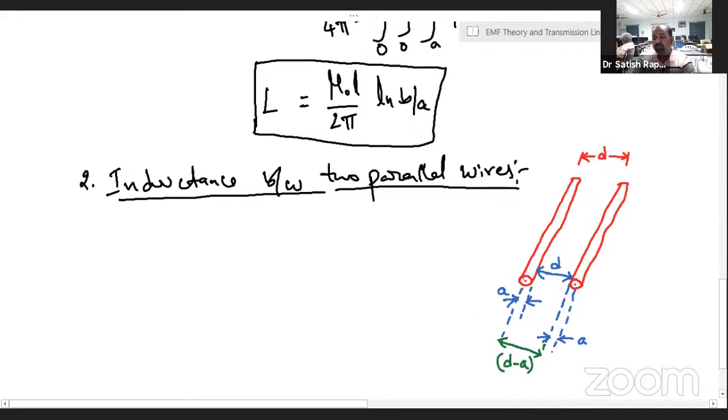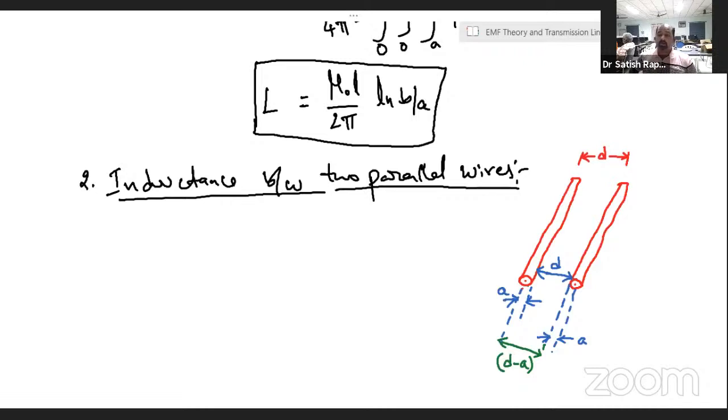So, explaining once again, the radius of each conductor is a, and the two long conducting wires are separated by a distance d, and the distance from the center of one conductor to the edge of the other conductor is d minus a.